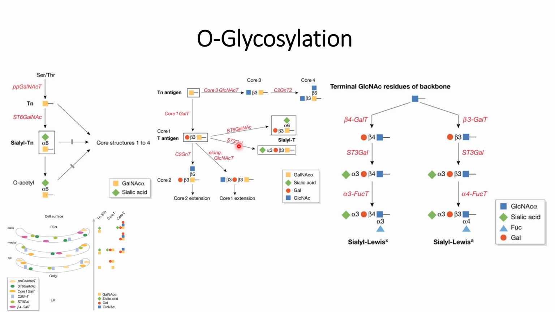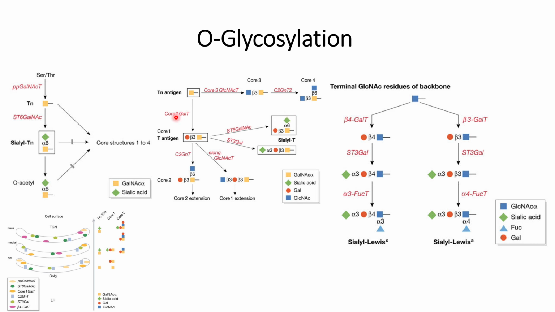And if ST3 GAL1 acts on the core 1 structures, then a sialic acid will be attached to the galactose, and if ST6 galNAc acts, then sialic acid is attached to the galNAc at an alpha 2,6 linkage.